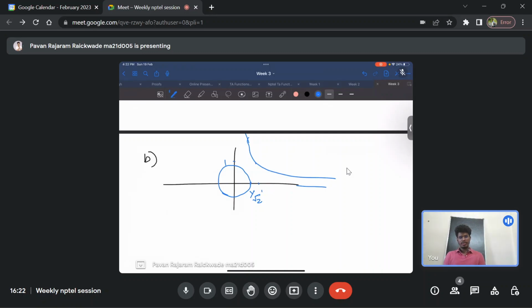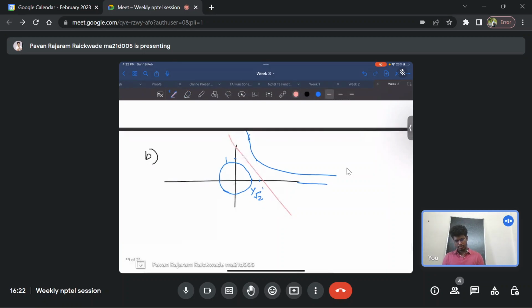Here you can see straight away, any line that passes through this gap will separate these two curves. So there's nothing much to tell here. Any line will do the thing. I'll leave this as an exercise to prove.